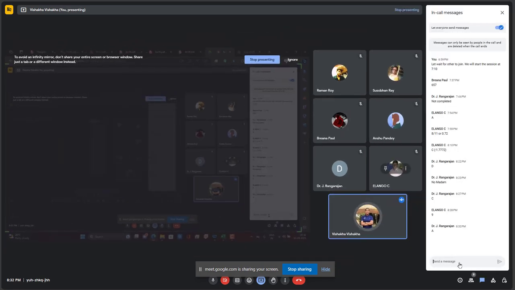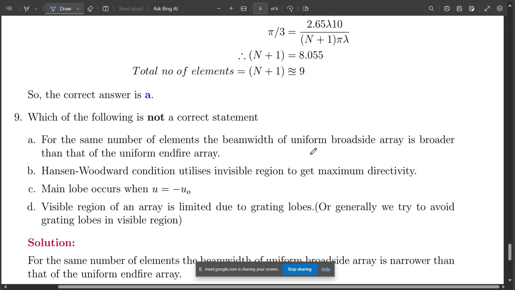Option A is incorrect. Okay, why? The beamwidth for the endfire array is broader than the beamwidth of a uniform broadside array.